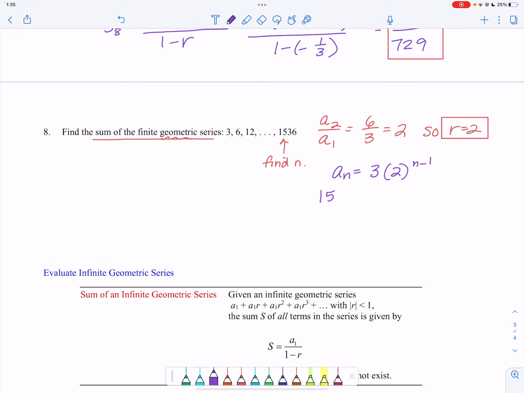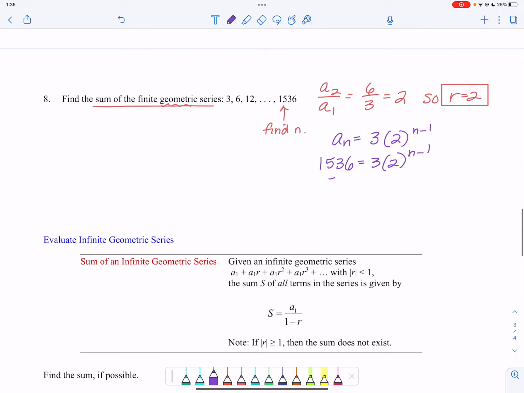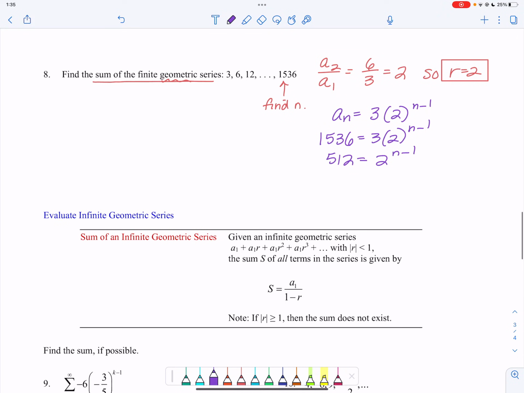And they gave us this 1536. We'll divide both sides by 3. And 512 is 2 to the 9th power. So we know that 9 equals n minus 1, and n is equal to 10.